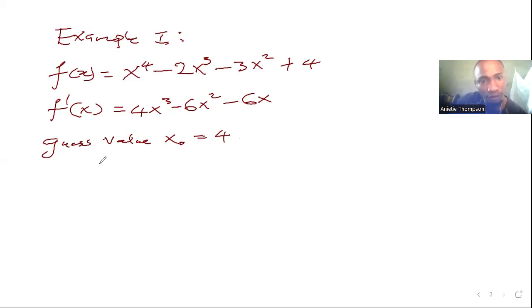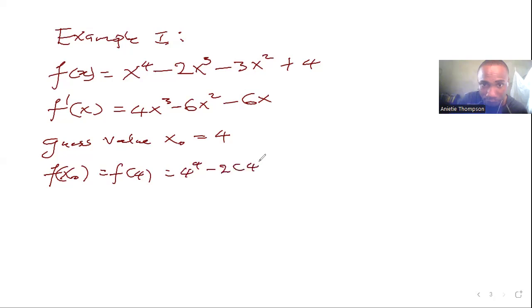So if my guess value equals 4, I will get my functional value at x0. f of x0 equals f of 4, and if you do the substitution, that will be 4 to the power of 4 minus 2 into 4 to the power of 3, minus 3 into 4 squared, plus 4. And if you evaluate that, you have 84.